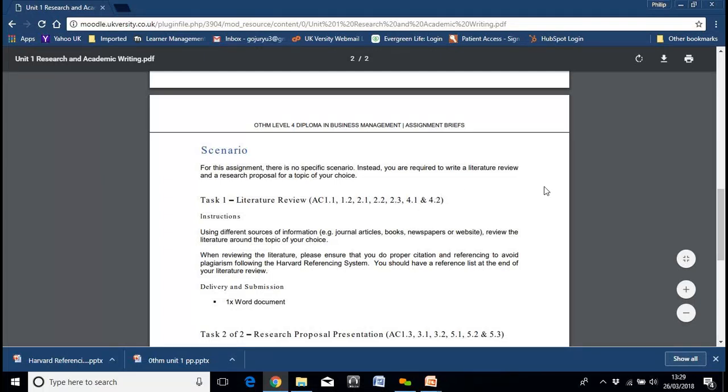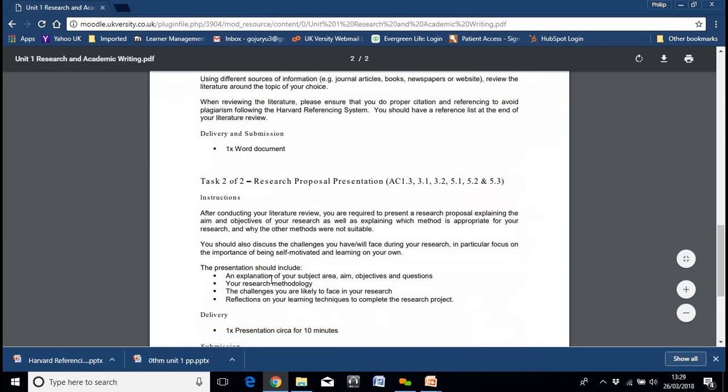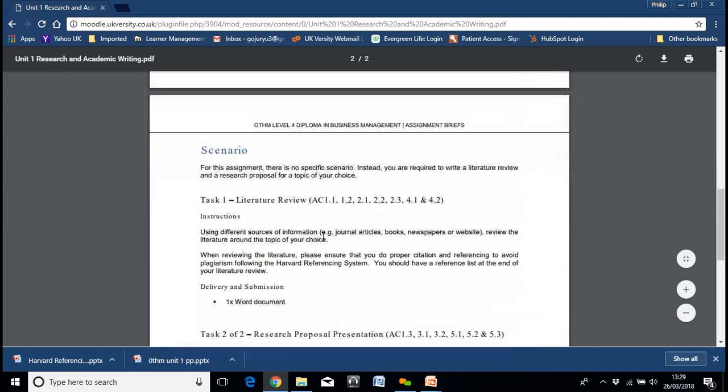1.3 is actually your research proposal presentation. So the presentation will include an explanation of your subject, data, aims and objectives and questions. So that's part of 2. Initially, all you're doing is looking at different sources of information and reviewing the literature around the topic of your choice.